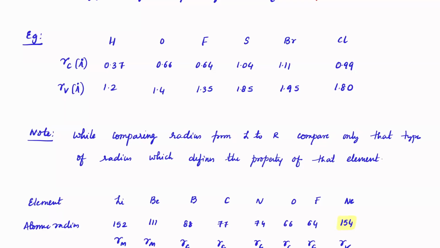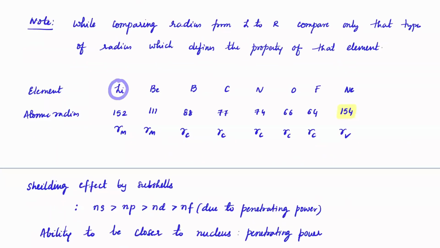Similarly, lithium hardly makes any covalent compounds. It mainly makes completely ionic compounds. So you only consider the metallic radius. For metals, we generally consider metallic radius. For boron, carbon, nitrogen, oxygen, fluorine, we consider covalent radius.